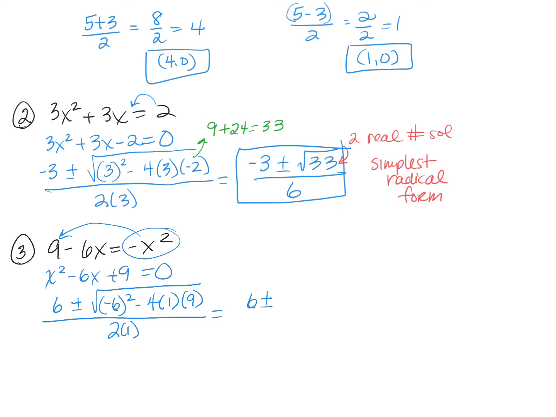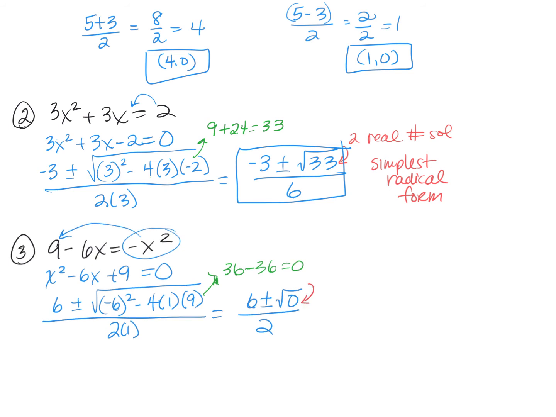All right, what's going on in here? Let's see. Negative 6 squared is 36, minus 36, guess what? That's 0. So it's plus or minus the square root of 0 over 2. All right, remember what that means.